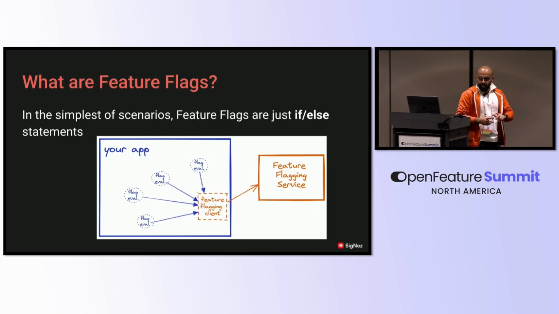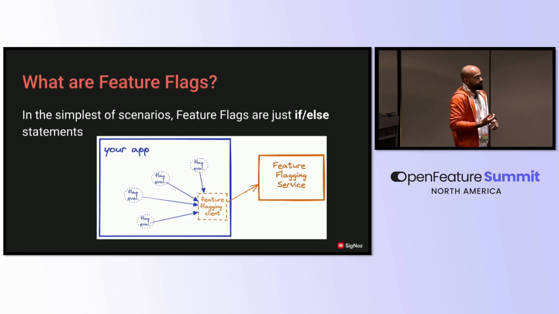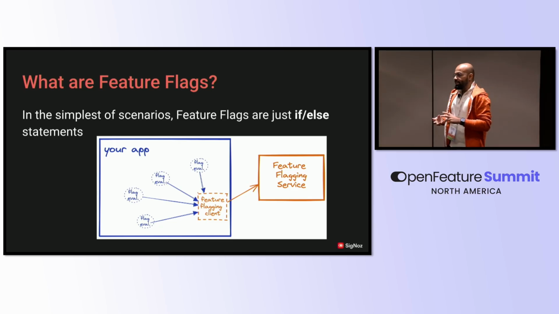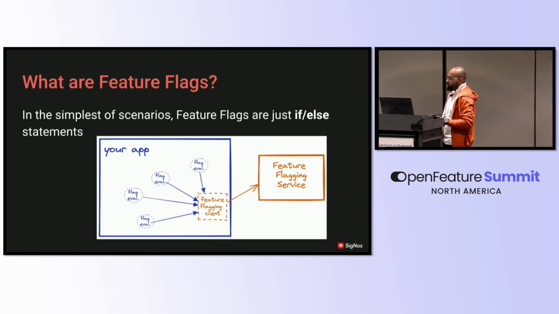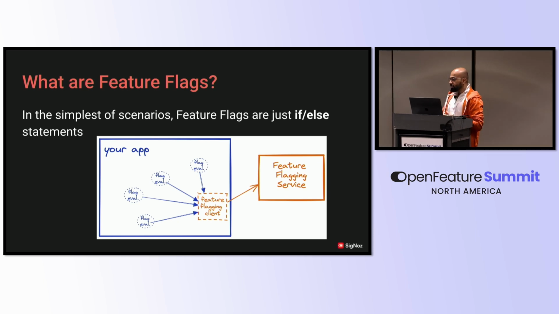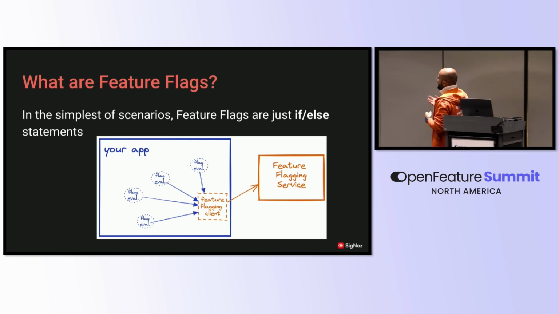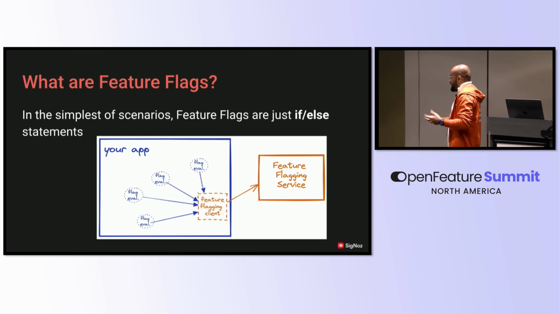What are feature flags and why are feature flags important? Feature flags in all their essence are just an if-else statement. If the feature flag is on, some action will happen. If the feature flag is off, some other action will happen.